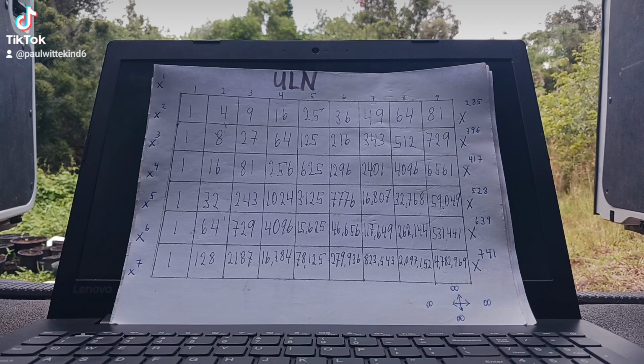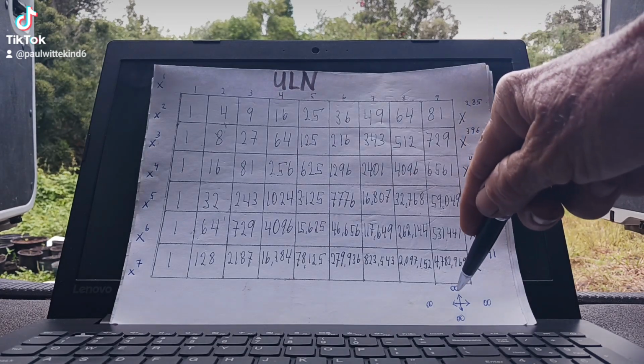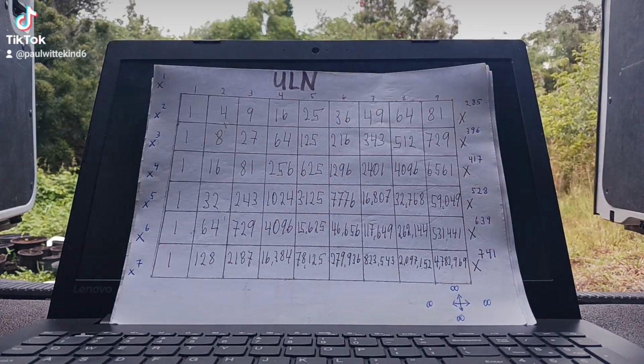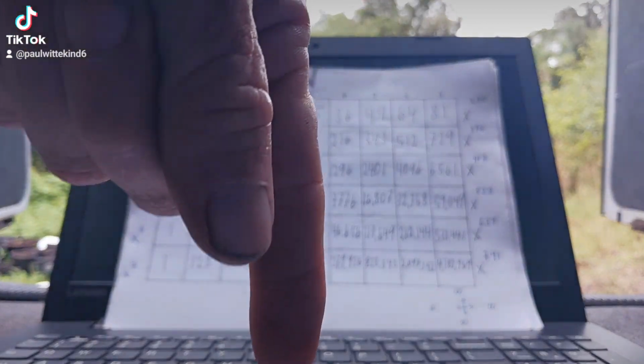But anyway, this is another way to look at the universal law of numbers written out. The main thing is that we understand it goes this way, this way, this way, and this way. So this matrix here, if I expand it upwards, it'll be the same numbers, reduced. Downwards, the same numbers.